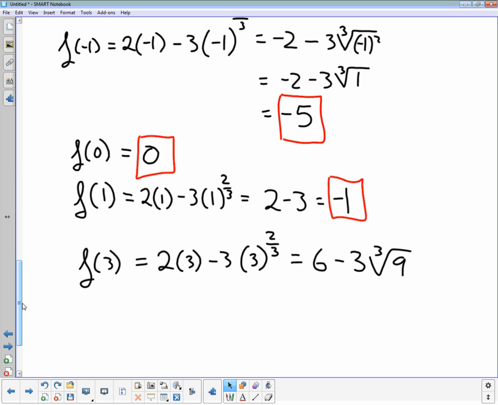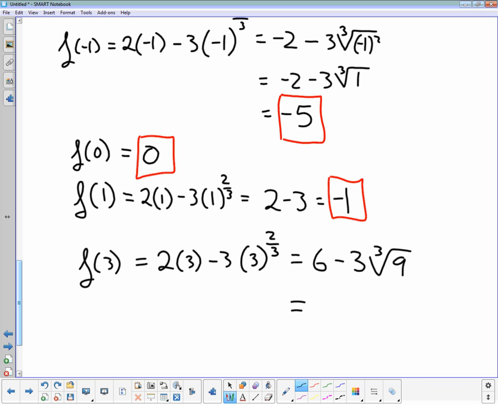It's 2 point something something. So 2 point something something times 3 is 6 point something something. Therefore, 6 minus 6 point something something is negative point something something.